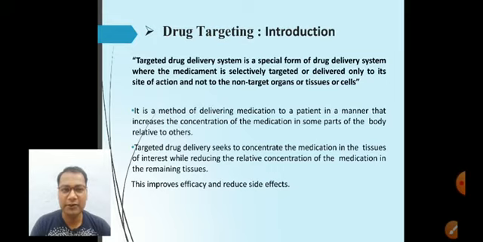It is a method of delivering medication to a patient in a manner that increases the concentration of the medication in some parts of the body relative to others. Targeted drug delivery seeks to concentrate the medication in the tissues of interest while reducing the relative concentration of the medicament in the remaining tissues. This improves efficacy and reduces side effects.